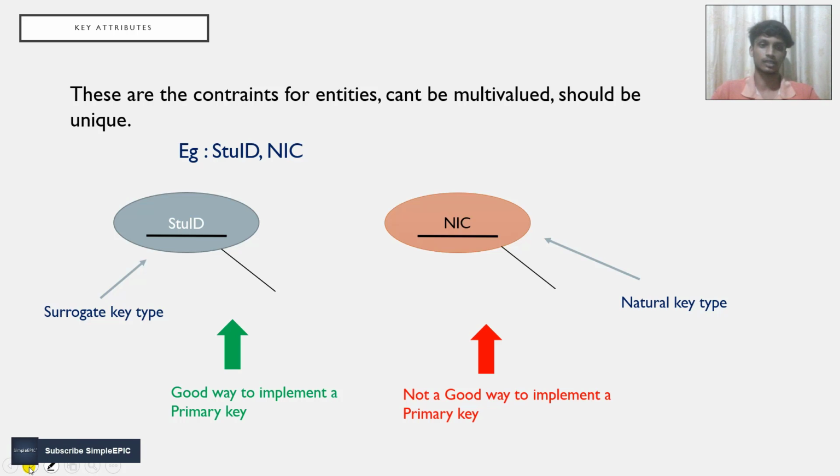Student ID is a surrogate key type, and NIC is a natural key type. I explained in the previous video what surrogate key type and natural key type mean. A surrogate key is a good way to implement a primary key, and in most cases, a natural key is not a good way to implement a primary key.